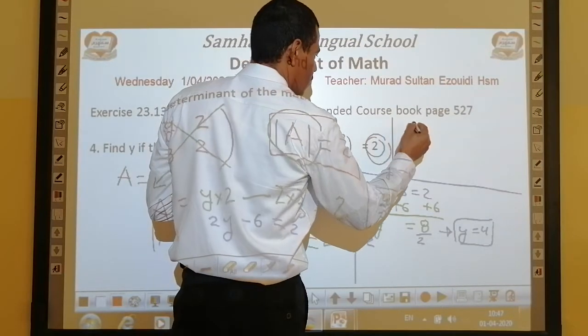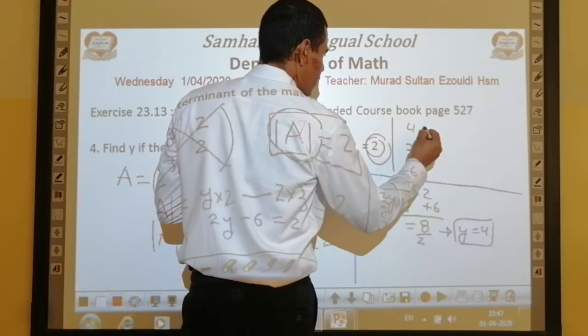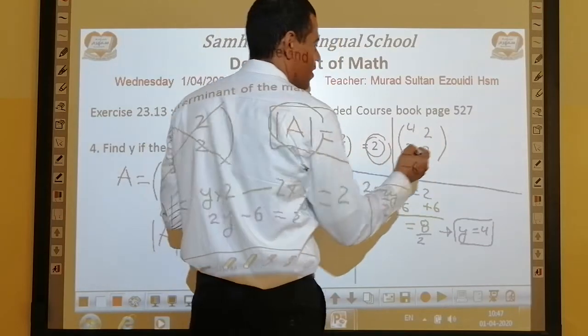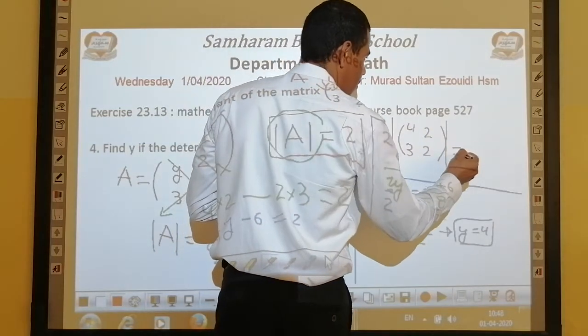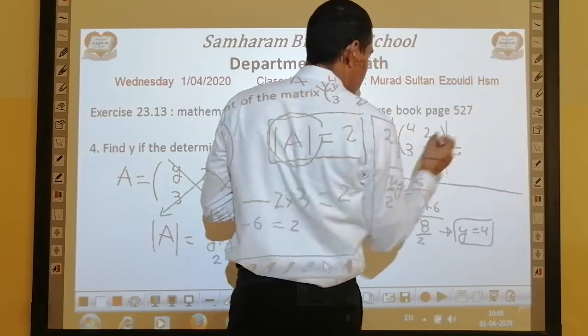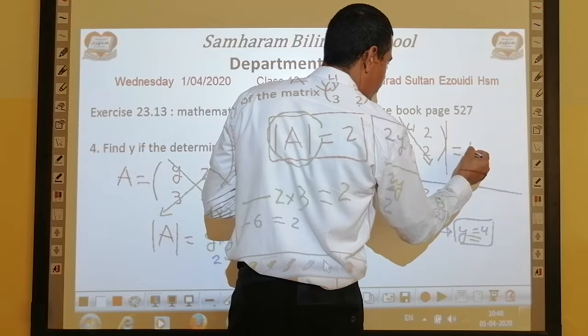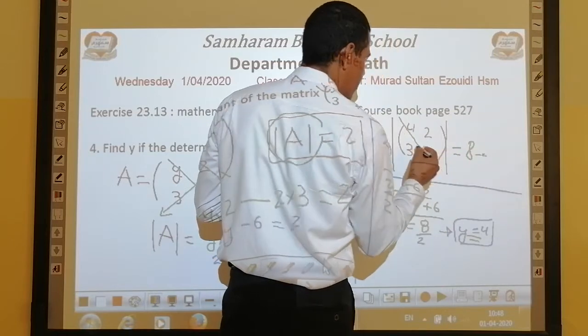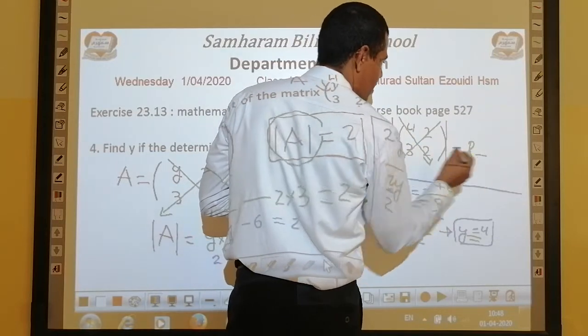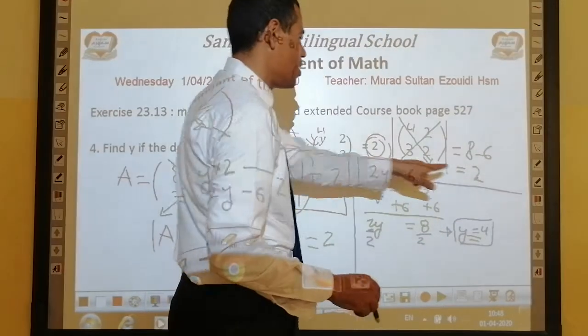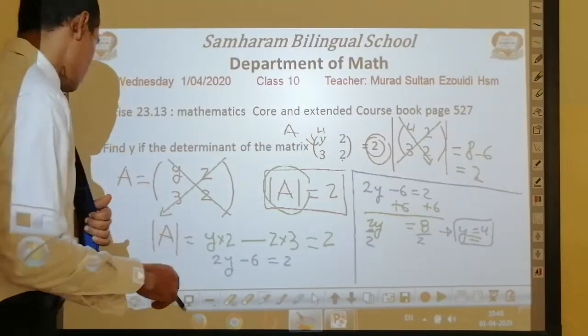The matrix [4, 2; 3, 2], I will calculate its determinant. It is 4 multiplied by 2, because y equals 4, which is 8, minus 2 multiplied by 3 is 6. It will be 2. This is also the value of the determinant.